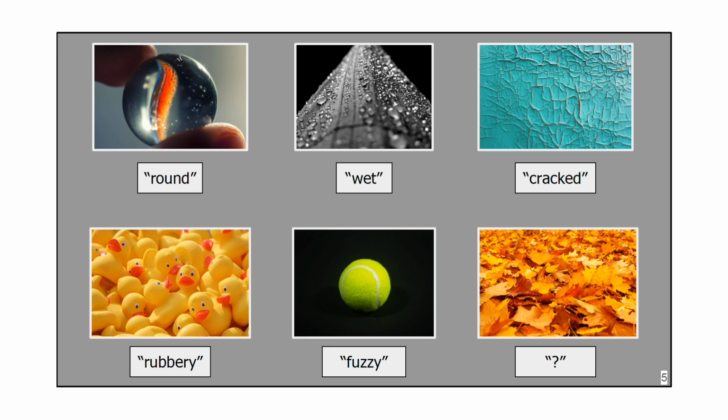The same applies for the next image. The word fuzzy is written beneath the tennis ball, so you can expect that the surface will feel fuzzy. But what if I told you that the tennis ball was actually made out of paper? Our expectations play an important role in how we perceive texture.